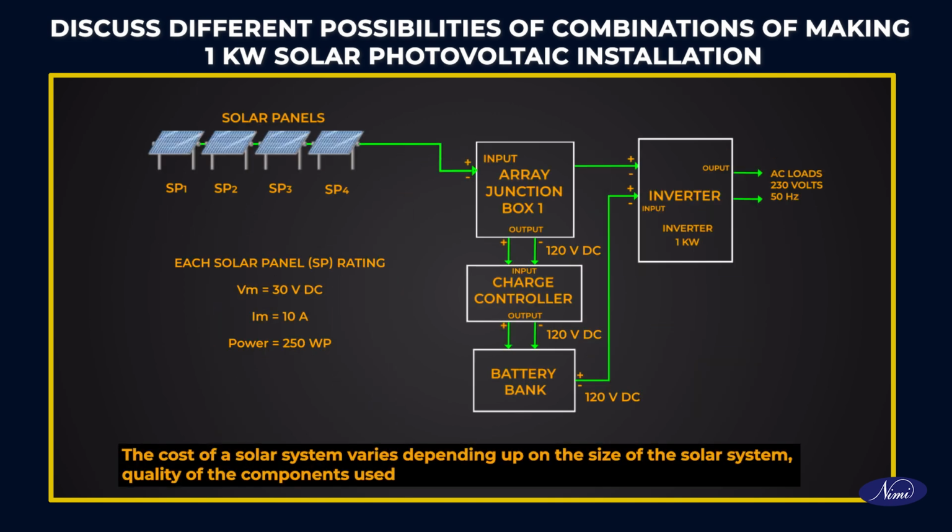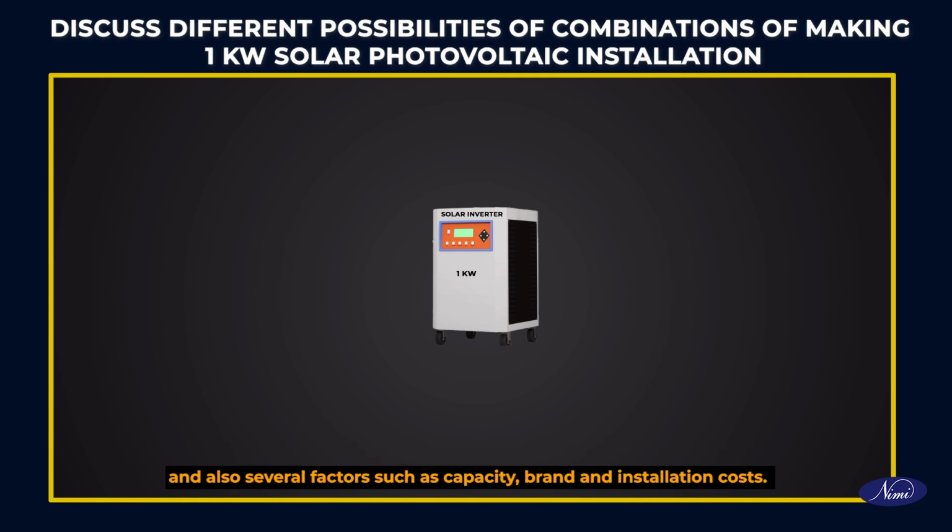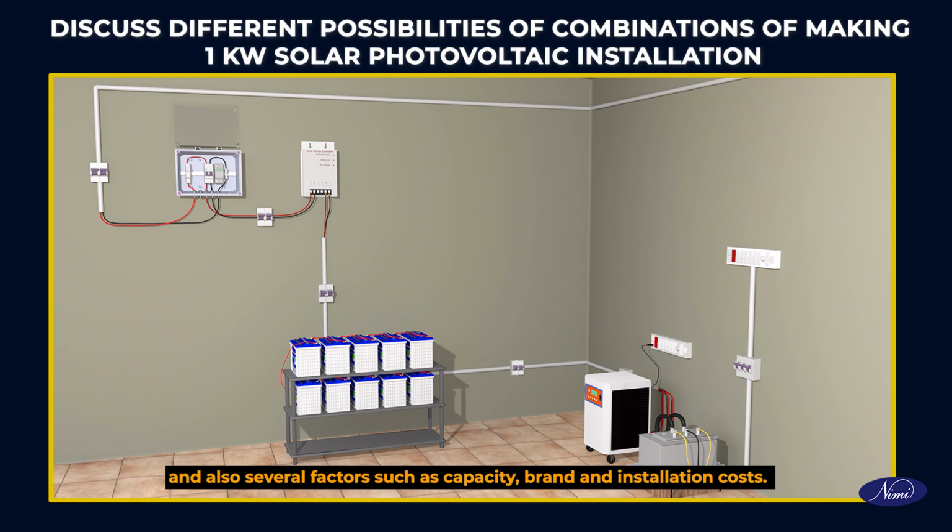The cost of a solar system varies depending upon the size of the solar system, quality of the components used, and also several factors such as capacity, brand, and installation costs.